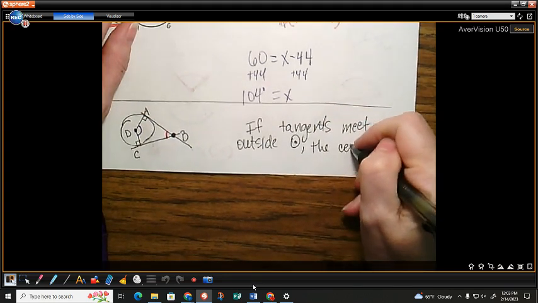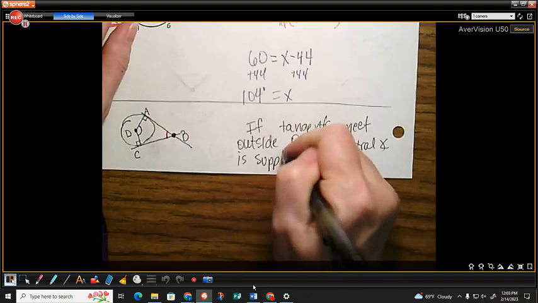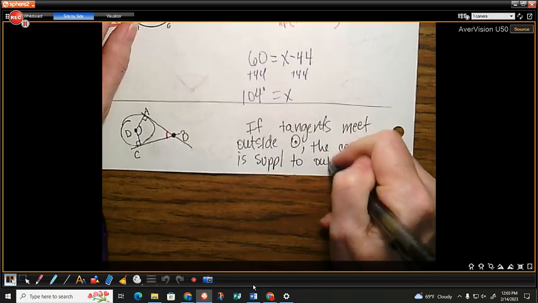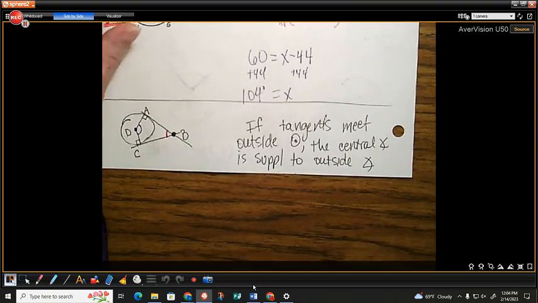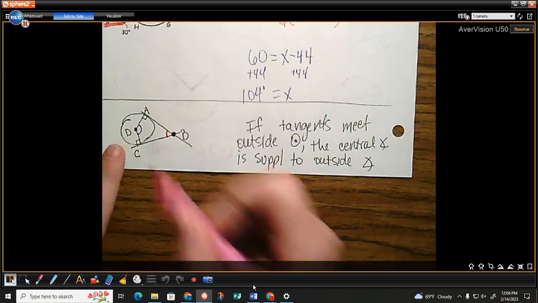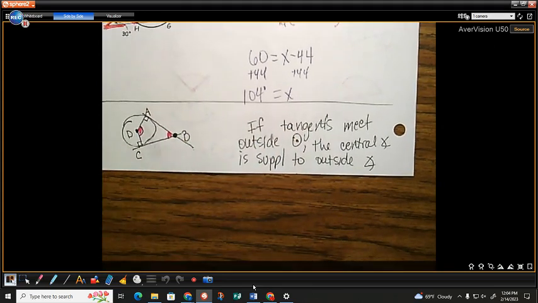The central angle is supplementary to the outside angle. That's just a bonus fun fact that you can use to save yourself work on some of the problems, so you don't have to draw a bunch of congruent triangles and do all that junk. So this little angle in here is supplementary to that little angle out there. Good times.